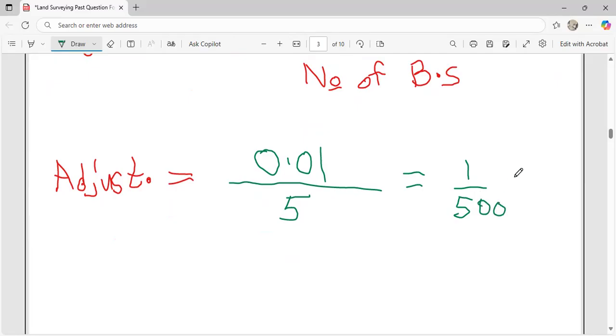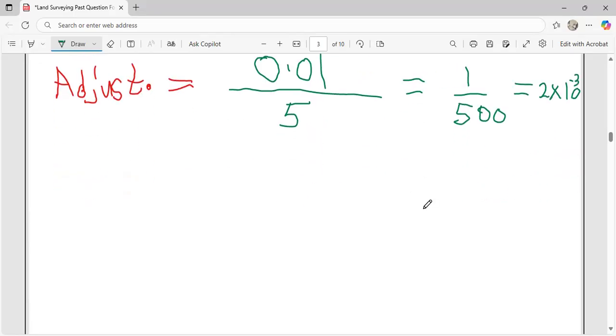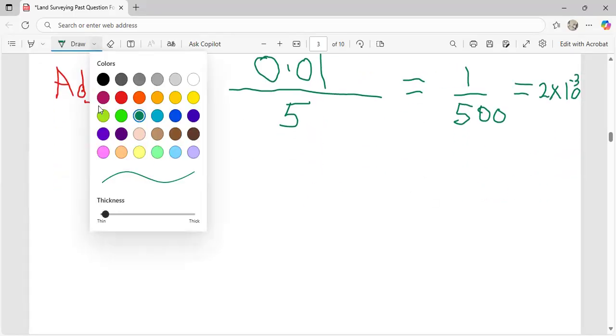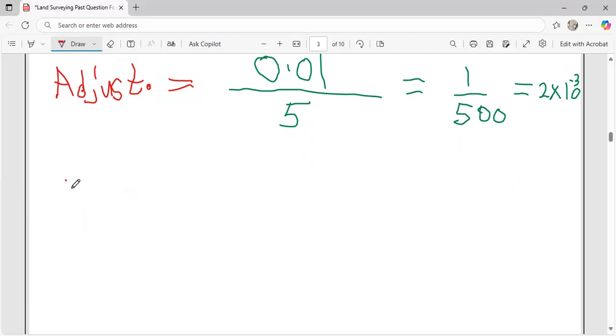And this is the same as 2 times 10 exponent minus 3. I told you from previous lectures that anytime you see that, you don't need to get confused. It simply implies that your value is what?